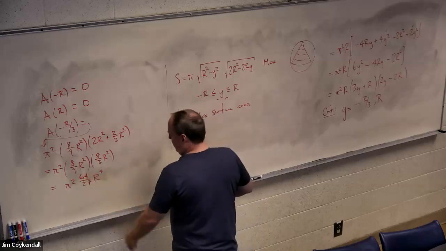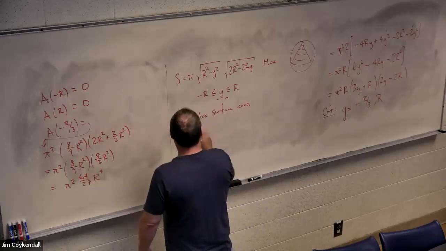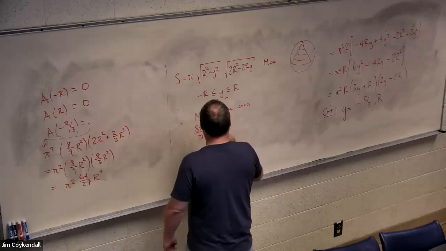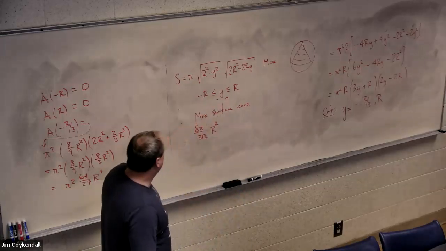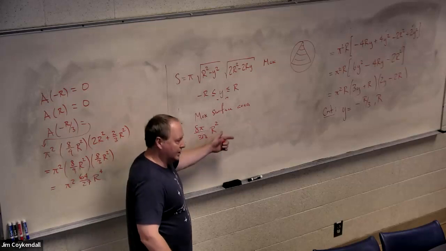Turns out to be whatever the square root of this is, like 8 pi over 3 radical 3 r squared. And that's the right unit for surface area. It's the square of a length.